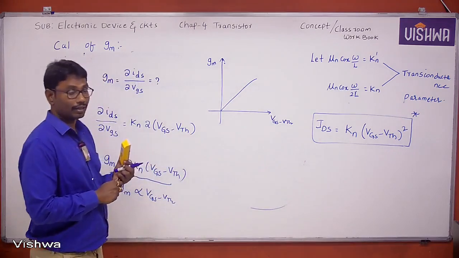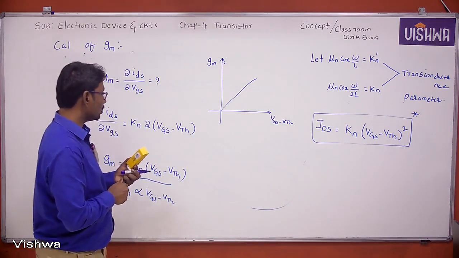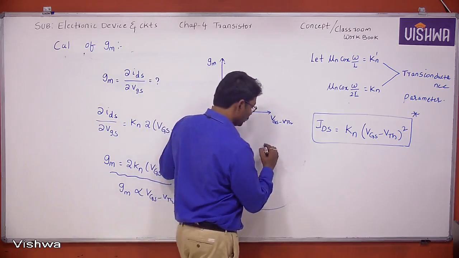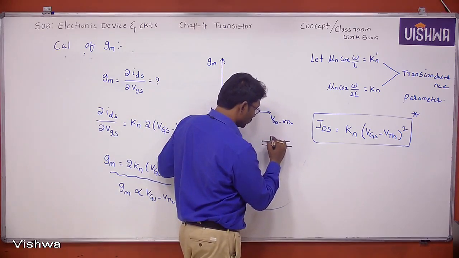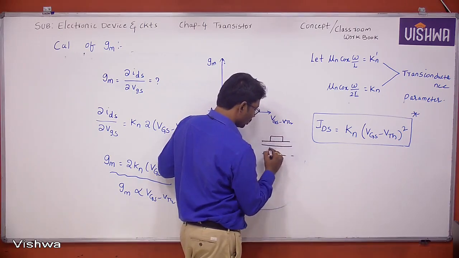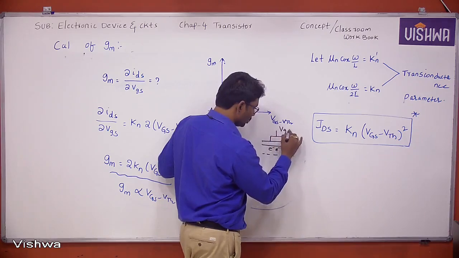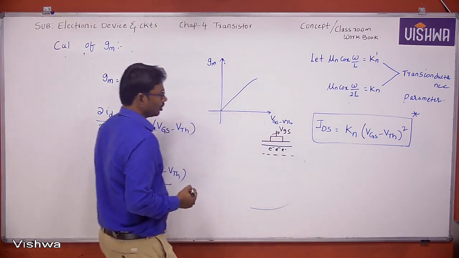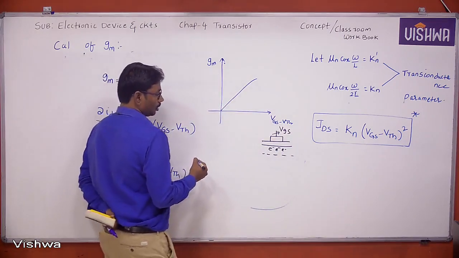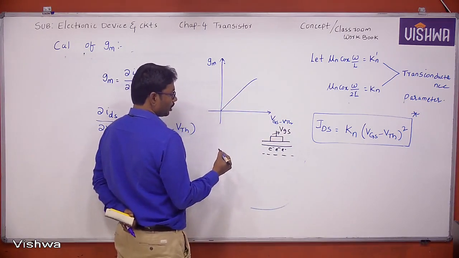Practically it is not linear. See why practically it is not linear. I think this will be oxide, this will be gate, and this will be channel. This is VGS. See, practically what happened?